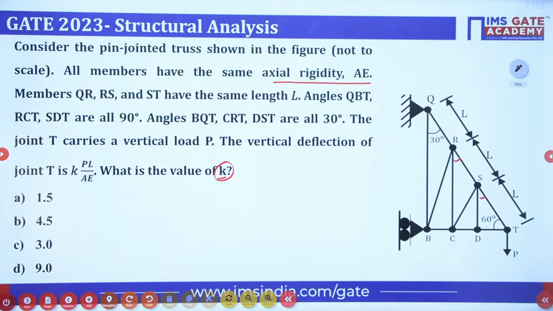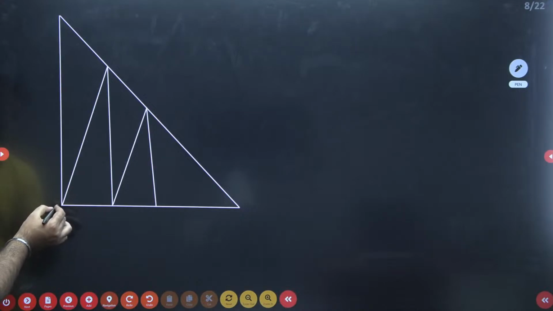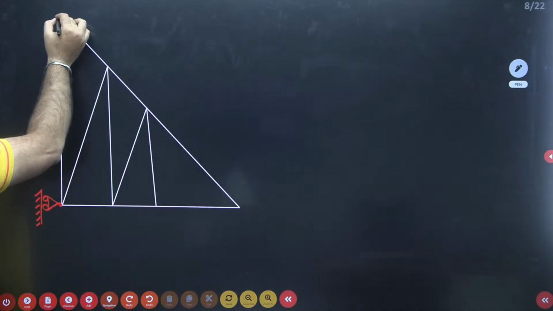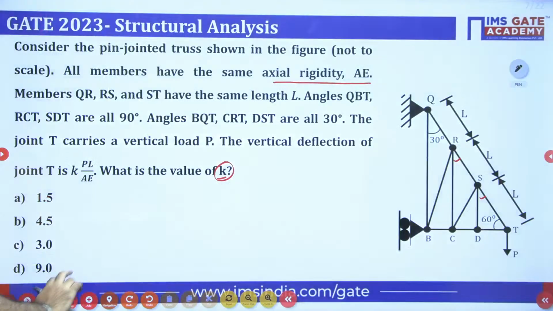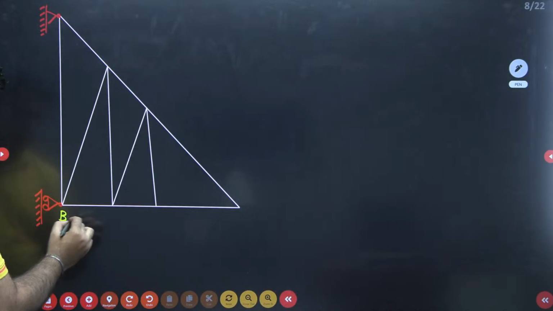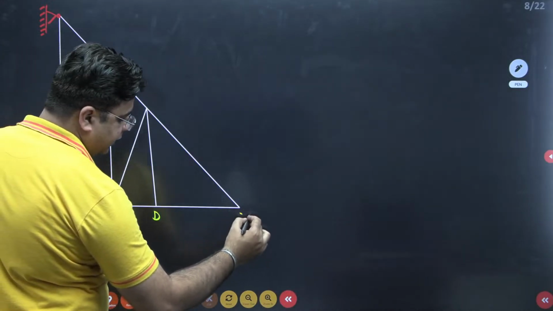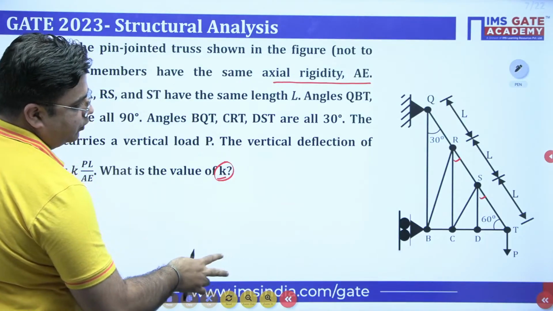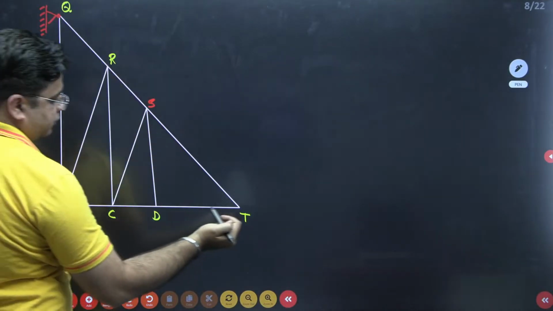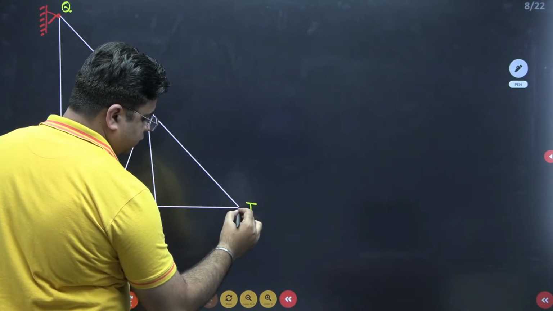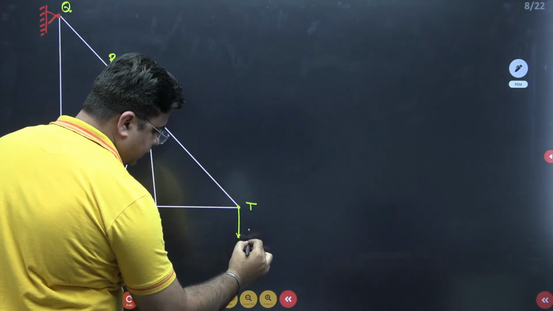This is a roller support at B and a hinge support at Q. So you have B, C, D, T. And then I have S, R, Q. You have one external load P acting here, right?